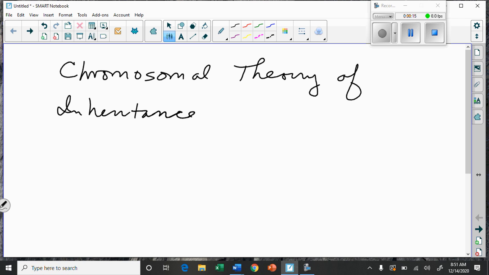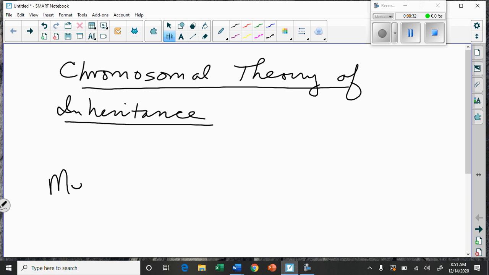So far, we've been talking about Mendel and his genetic ideas. And because we know about genes and we know about DNA, we've been sort of bringing that in and out as we've talked about it. But remember that Mendel did not know anything about that.